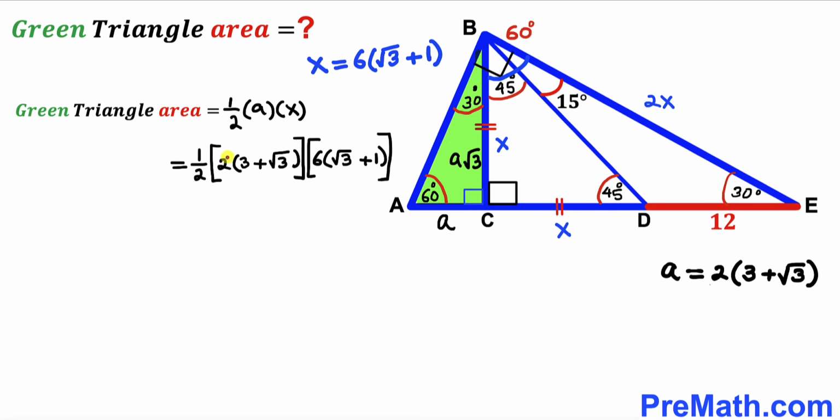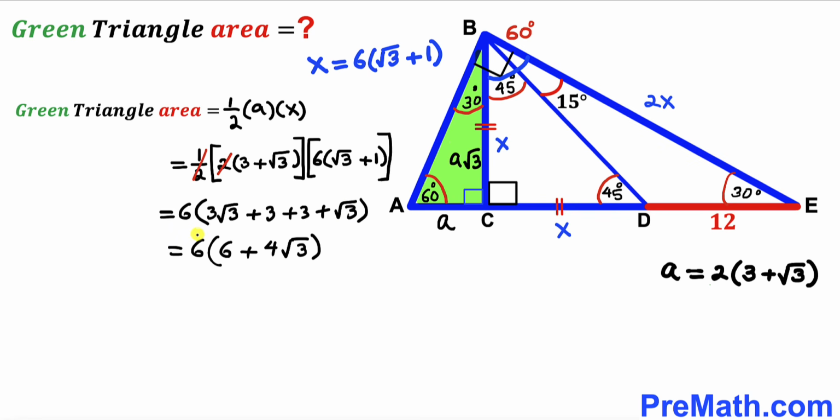And here we can see this 2 and 1 divided by 2, they cancel each other out. And now we are going to multiply out these two binomials. So therefore we can see 6 is going to be outside, and we multiply this one by double distribution, that is going to give us 3 times the square root of 3 plus 3 plus 3 plus the square root of 3.